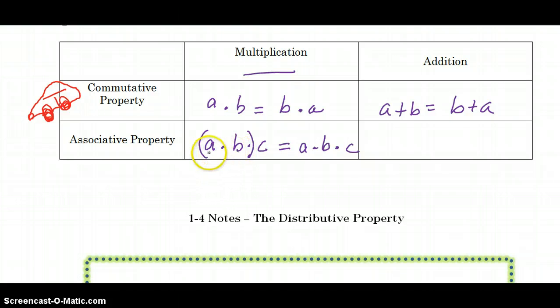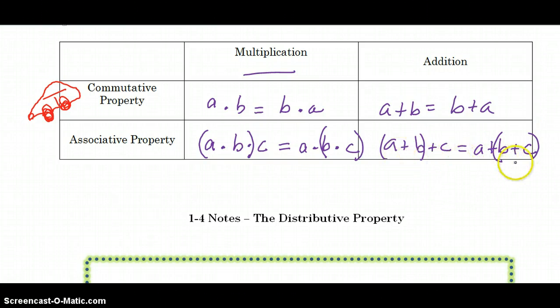Here B is associating with A, and then B is going to associate with C. As long as the operation is multiplication or addition, it is legal to associate. So like at the lunch table, if you're sitting with one friend one day and the next day you associate with another friend, that's the associative property. The associative property will always have parentheses. That helps you to recognize that property.